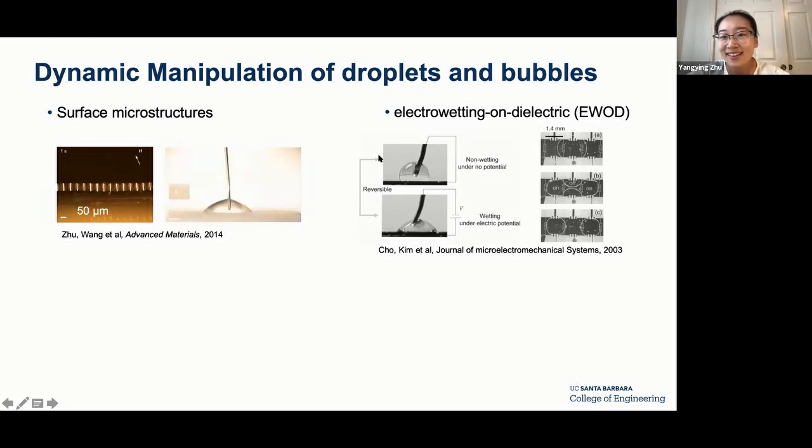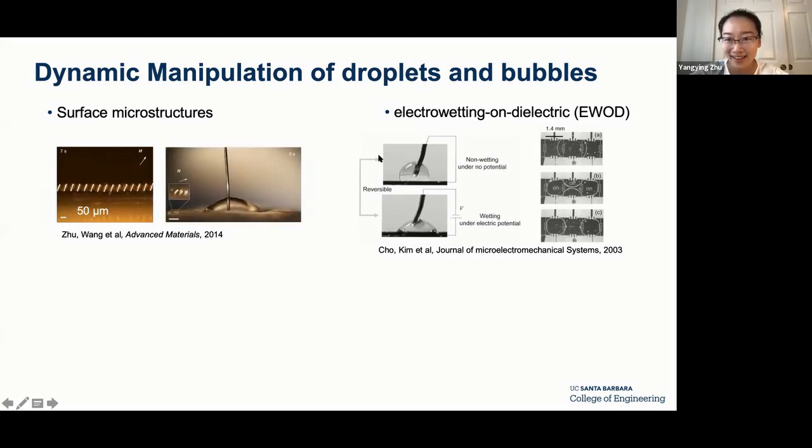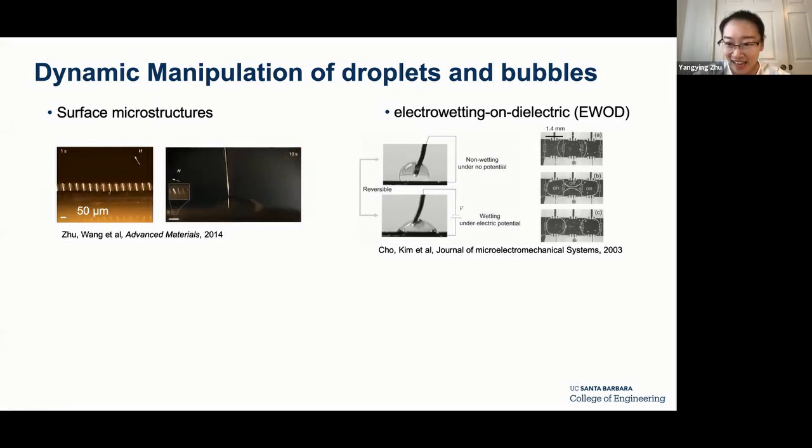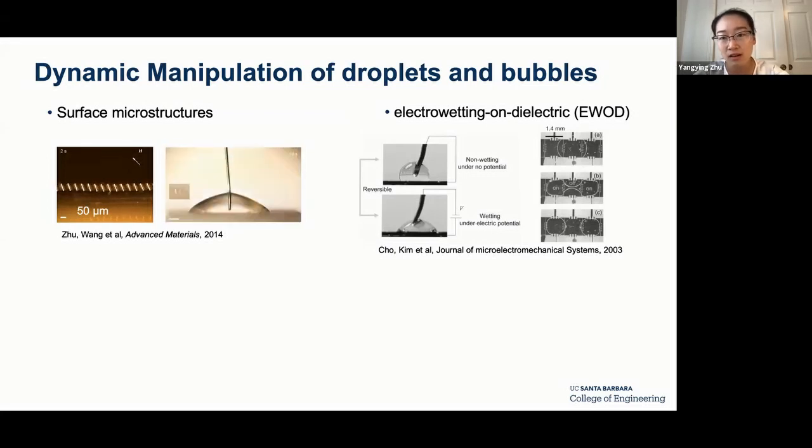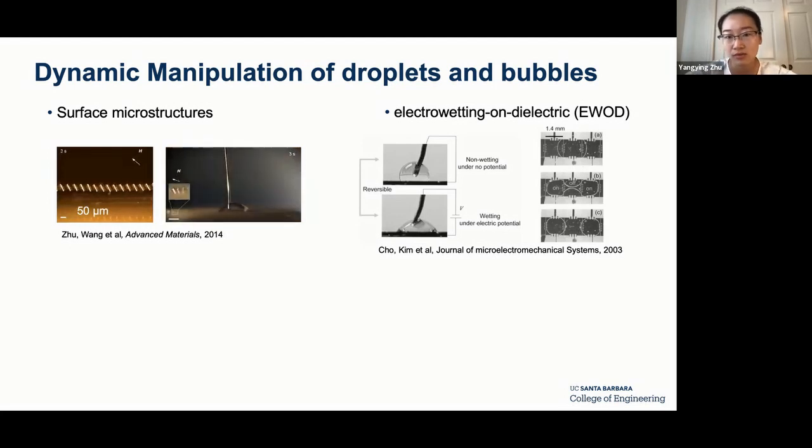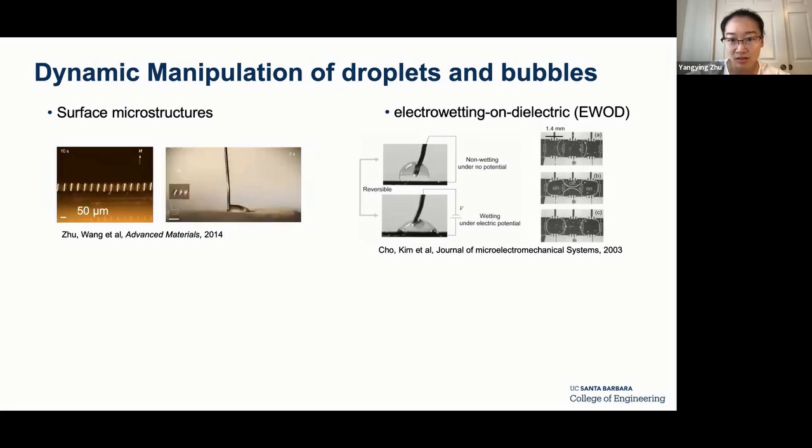On the right-hand side, there's also electrowetting on dielectric. And this has been really successful, even for a lot of microgravity applications. So we're all familiar with electrowetting, right? By controlling the voltage on a droplet on an insulated electrode, you are able to control the contact angle.